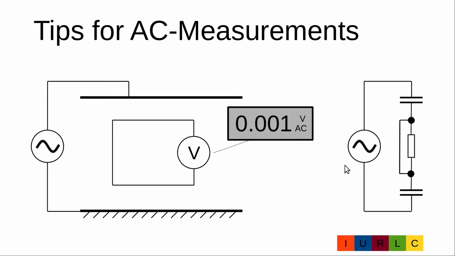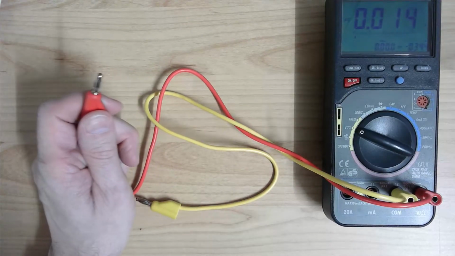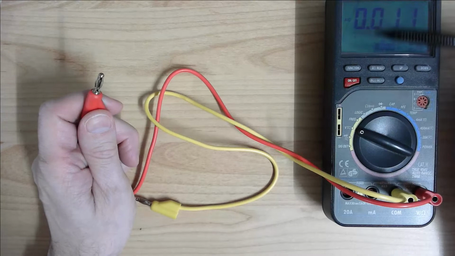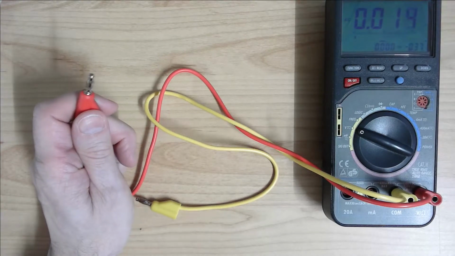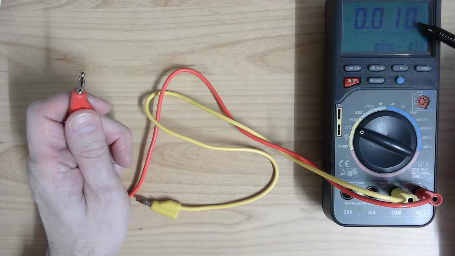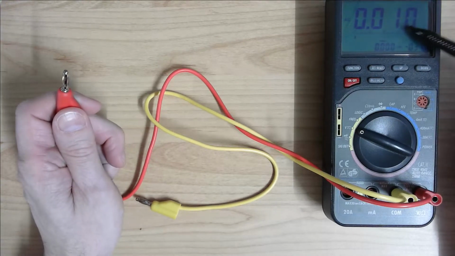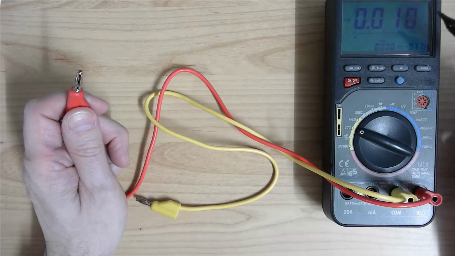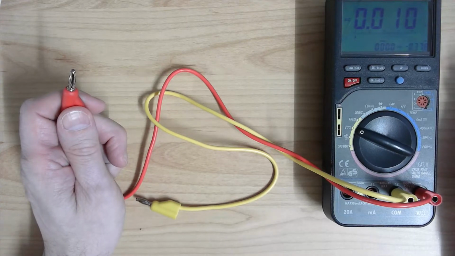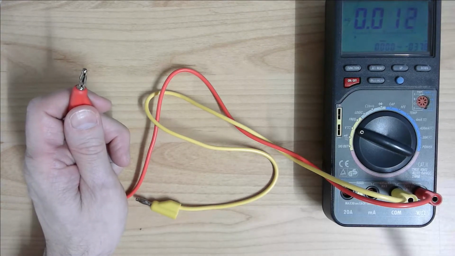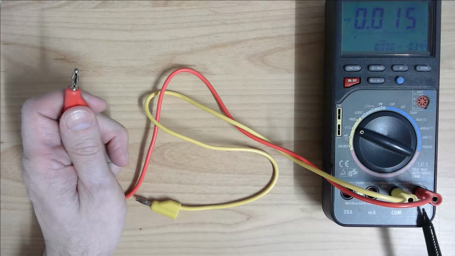When we look at the equivalent circuit, it is clear that the small current through the capacitor cannot generate the voltage on the internal resistor because we have here the short. If we have selected the AC voltage measurement, then we can see here on the last digit some tens, or at some measurement devices even up to 100 or more millivolts. The reason is the very high ohmic impedance here.